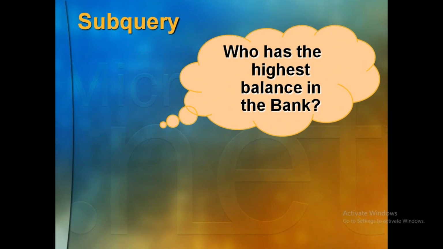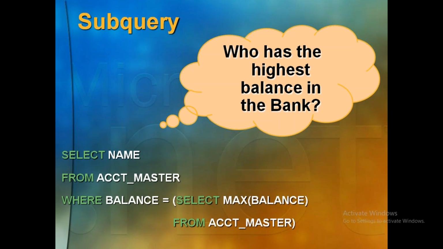Who has the highest balance in the bank? This has two queries: one is what is the highest balance, and who has it. Without the subquery concept, we will not be able to write this query. However you try to write it, you will not be able to do that. So you have to write a query, and that query you keep in the where clause.